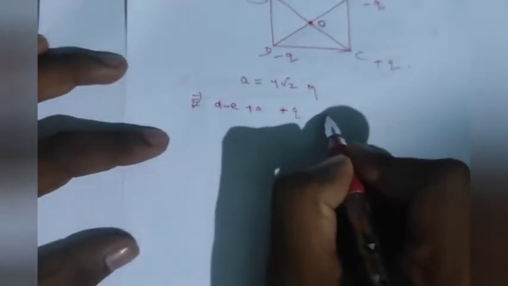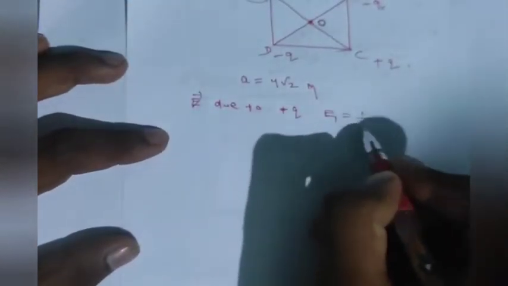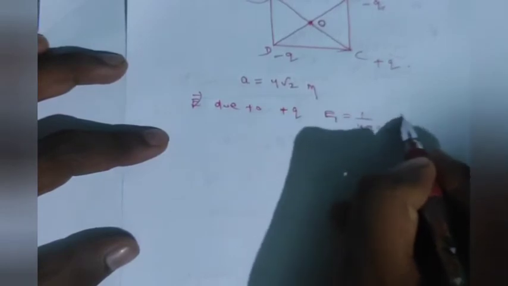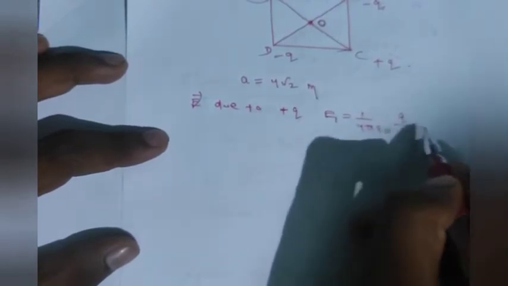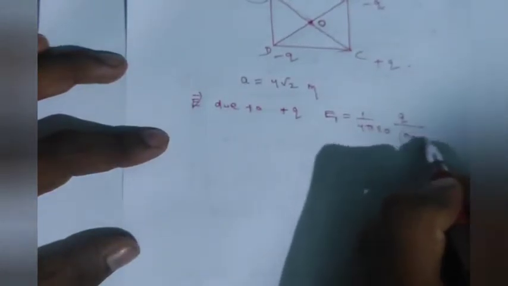What will be the formula? We know E1 equals 1 by 4 pi epsilon q by distance, which is OA square.